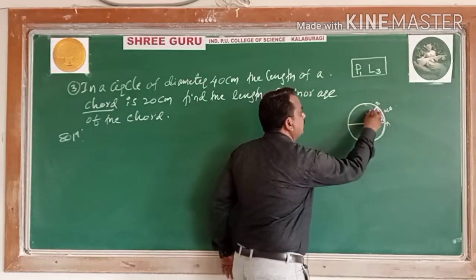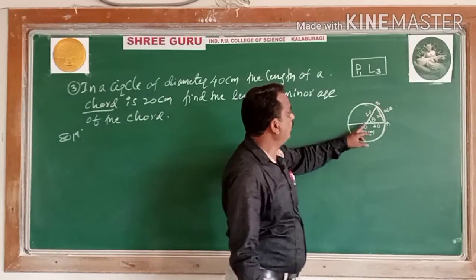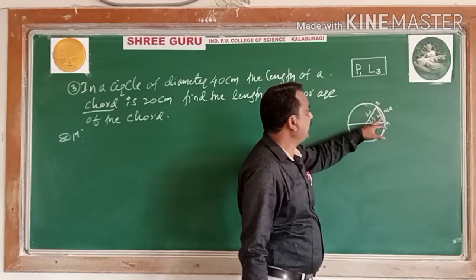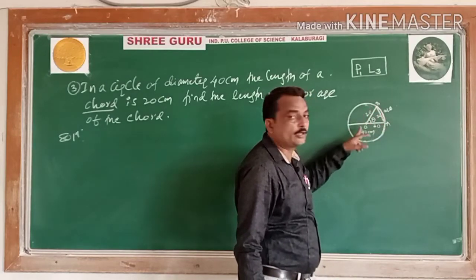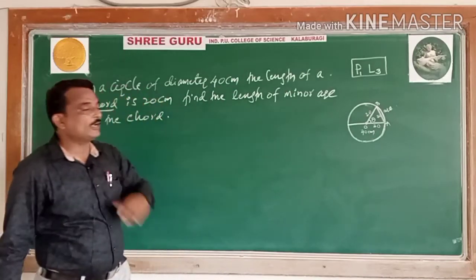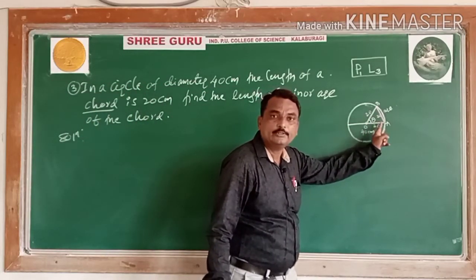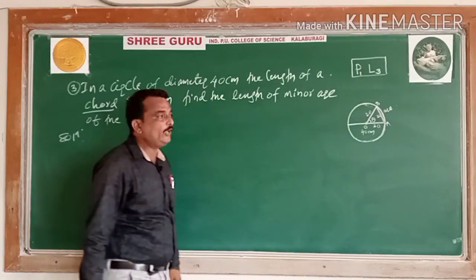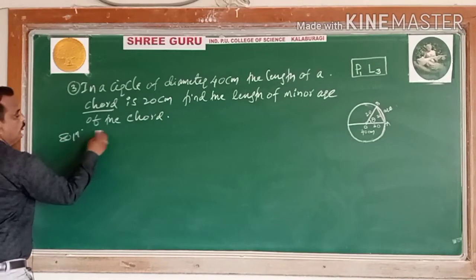So OA is equal to OB is equal to AB, the radius and the side of this triangle are 20 centimeter. So it is an equilateral triangle. You know each angle of an equilateral triangle is 60 degree. Now see, the solution given here.